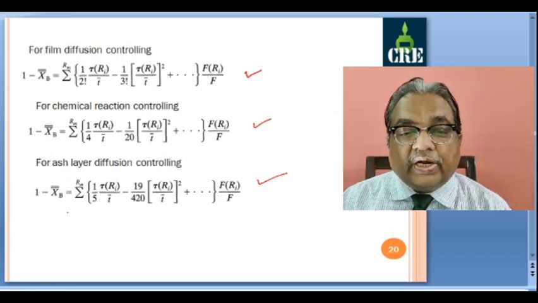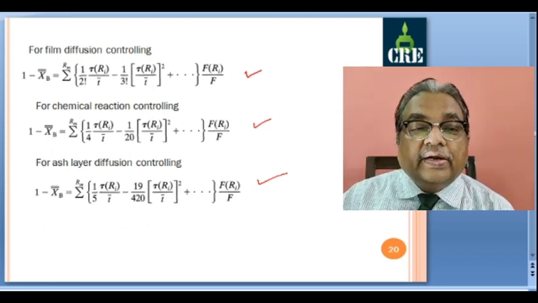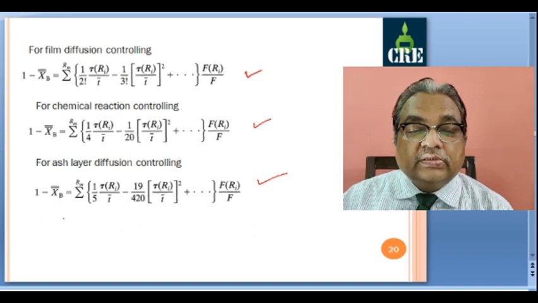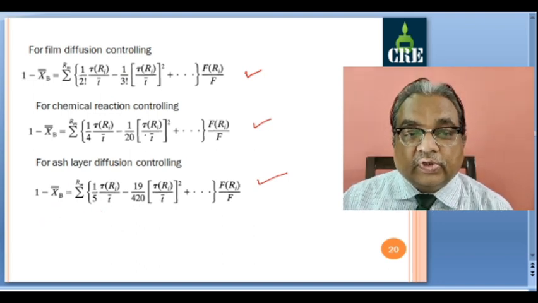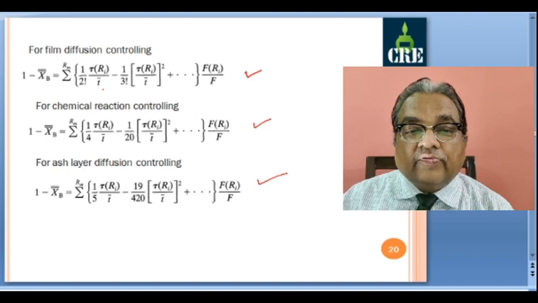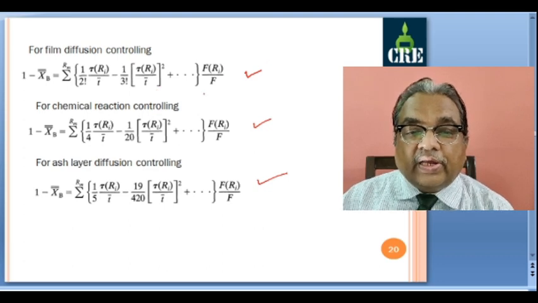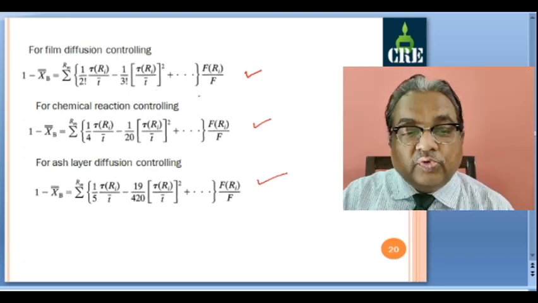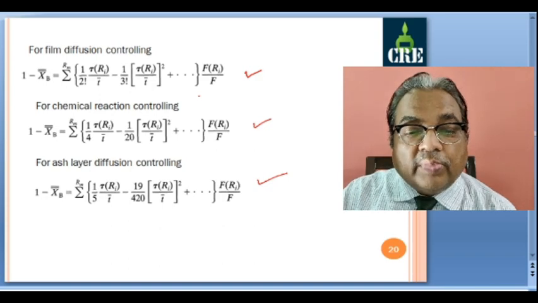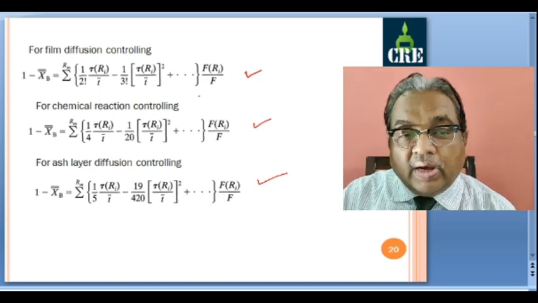So you should know the particle size distribution, and you can easily solve this by using this expression. So same equation, just with extension of summation of 1 minus xb bar into corresponding fraction Fri by F will give you 1 minus xb double bar.